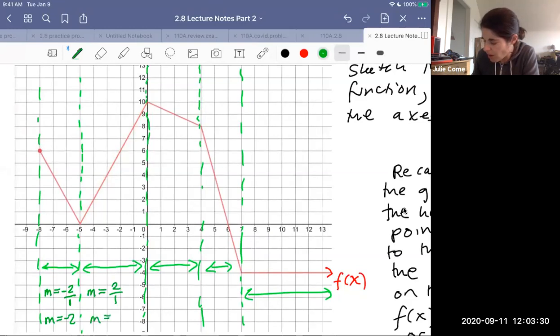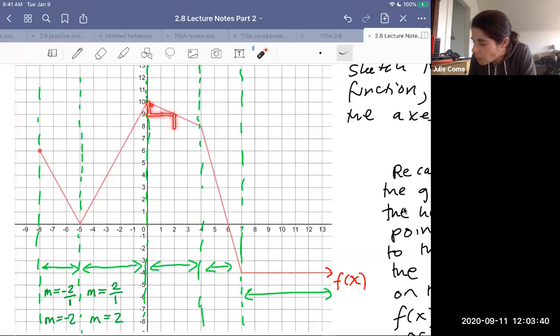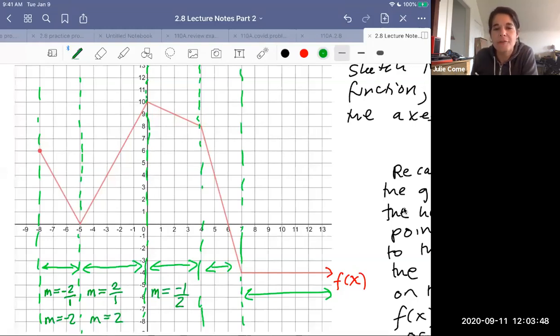+2/1 or +2. On the next interval, it appears that the slope is down 1, right 2, down 1, right 2. That gives me a slope of down 1, right 2, -1/2.